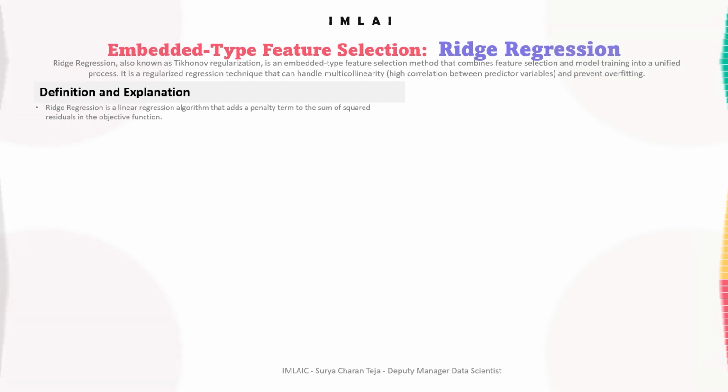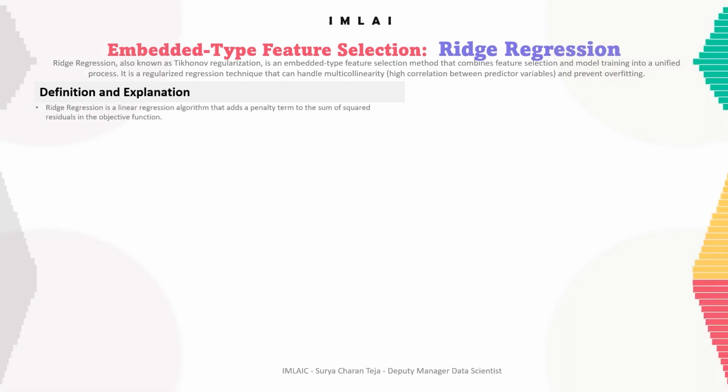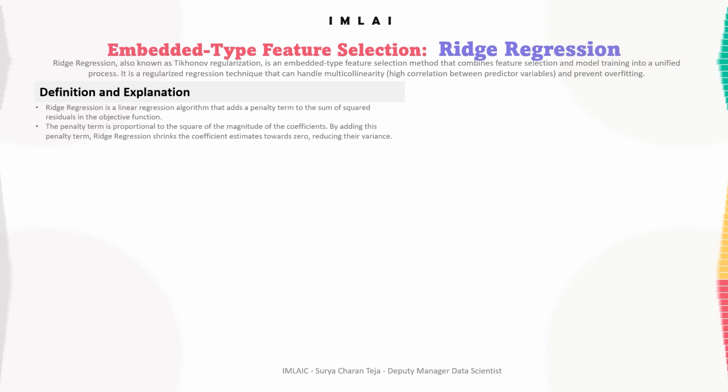The penalty term is proportional to the square of the magnitude of the coefficients. By adding this penalty term, ridge regression shrinks the coefficient estimates towards zero, reducing their variance, and that's what ridge regression does.